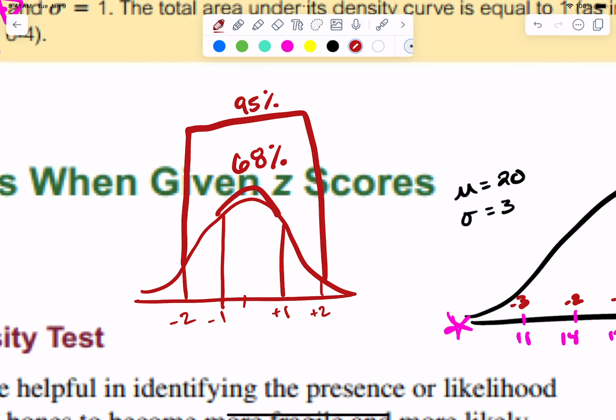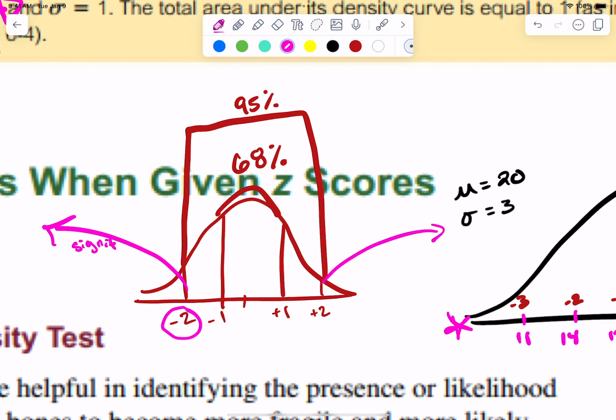Now, let's talk about that for a second. 68%, 95%. In the last chapter, we said anything that is less than negative 2 standard deviations is considered significant, or anything that's greater than positive 2 is also significant. We also base that off of the 5% rule. If it has less than a 5% chance of happening, it's considered to be a significant value.